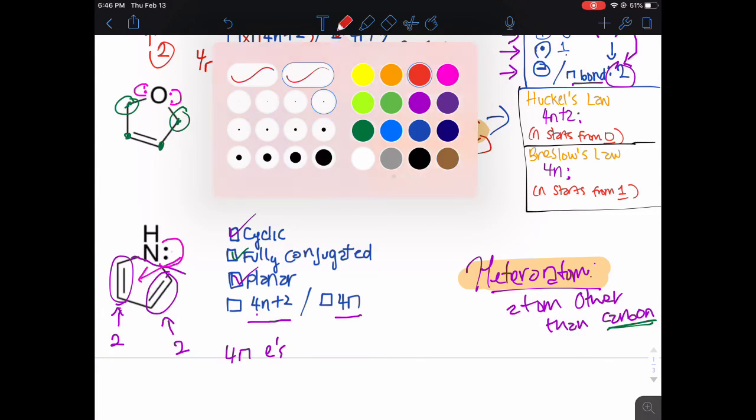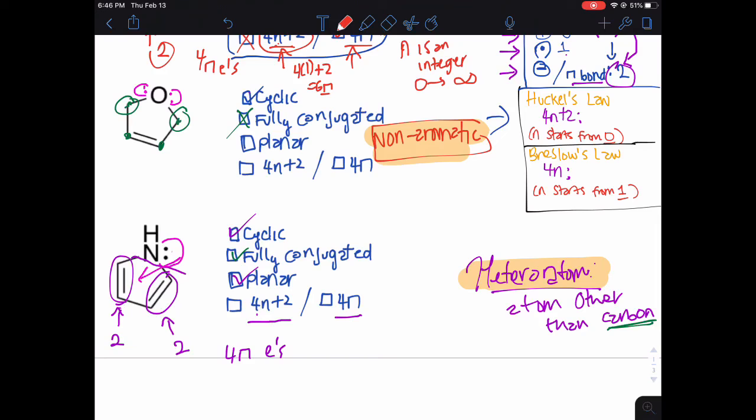Like we said before, lone pairs also count as 2. So if we add 2 to 4, what do we get? We get 6 pi electrons. And we know that if we set 4n plus 2 equal to 6, we do get n equals 1, right? So that means this follows the 4n plus 2 rule.